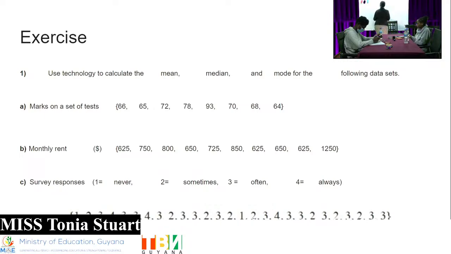Finish. All right, tell me what I have to write. Mean equals. You want the answer or steps? No, let's go to steps. 66 plus 65 plus 72 plus 78 plus 93 plus 70 plus 68 plus 64.